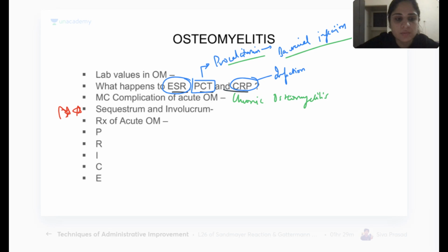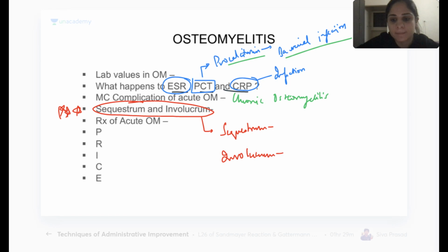What is sequestrum and what is involucrum? In osteomyelitis, the bacteria will grow and destroy the bone, correct?